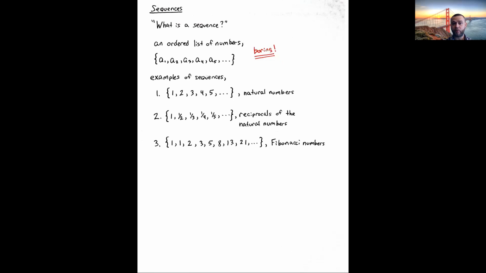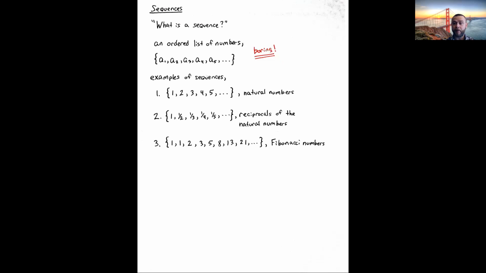Now, before we go on to defining what sequences are with a little bit more proper mathematical notation, let's just give some examples of these. The first one is the sequence of natural numbers, 1, 2, 3, 4, 5, and so on. The second sequence, the reciprocals of the natural numbers: 1, 1 over 2, 1 over 3, and so on.